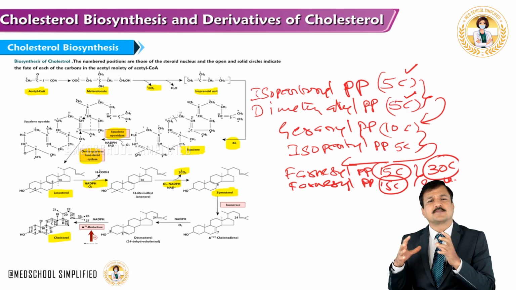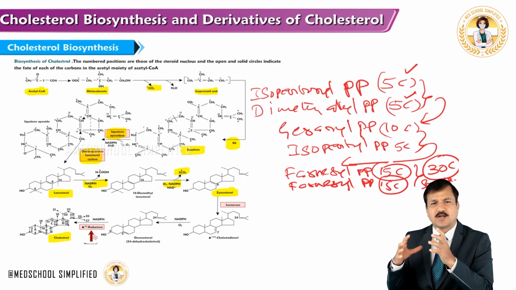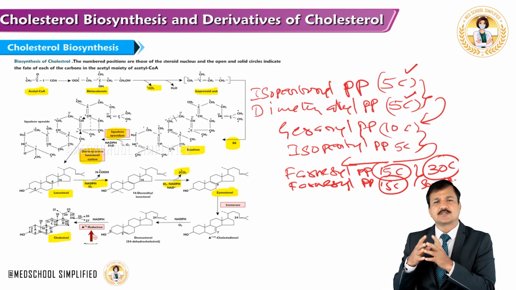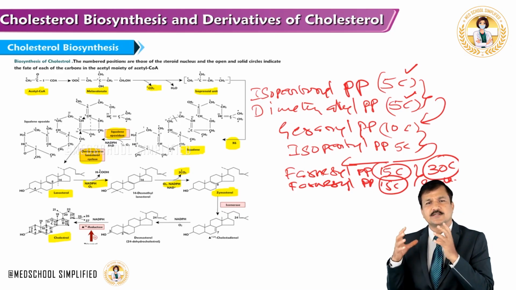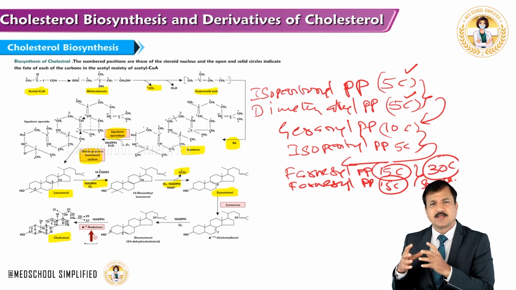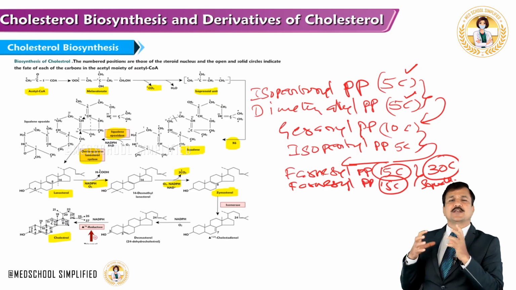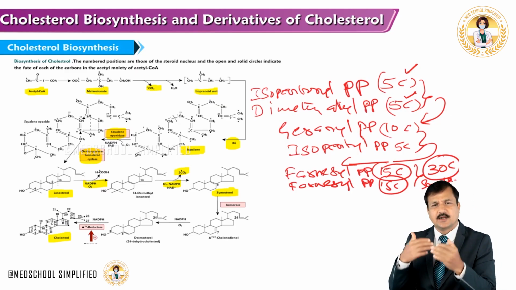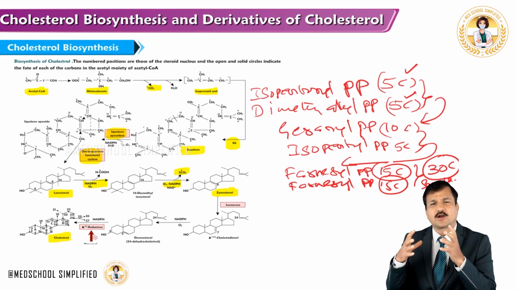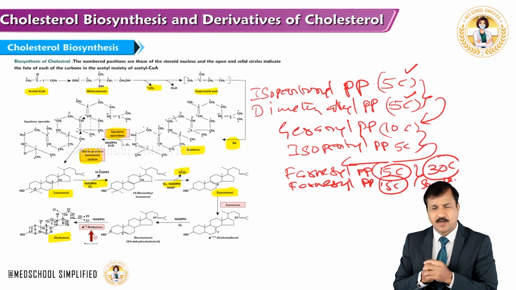Mevalonate undergoes phosphorylation and decarboxylation to make the isoprenoid unit, that is isopentenyl pyrophosphate, and then 6 isopentenyl pyrophosphates are combined in different ways, like overall 6 isoprenoid units.